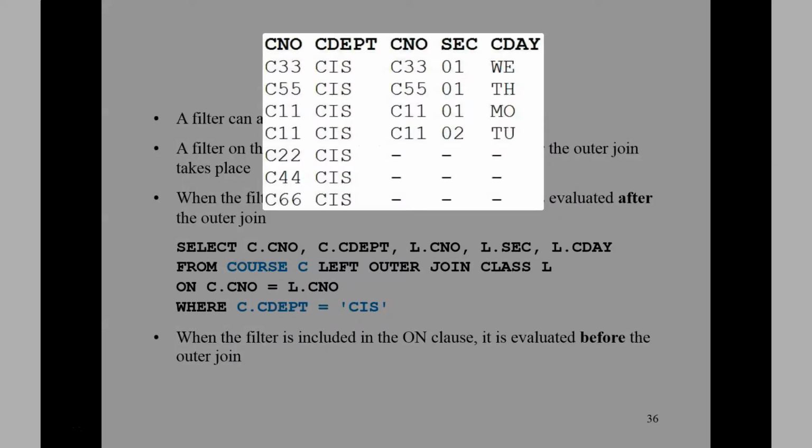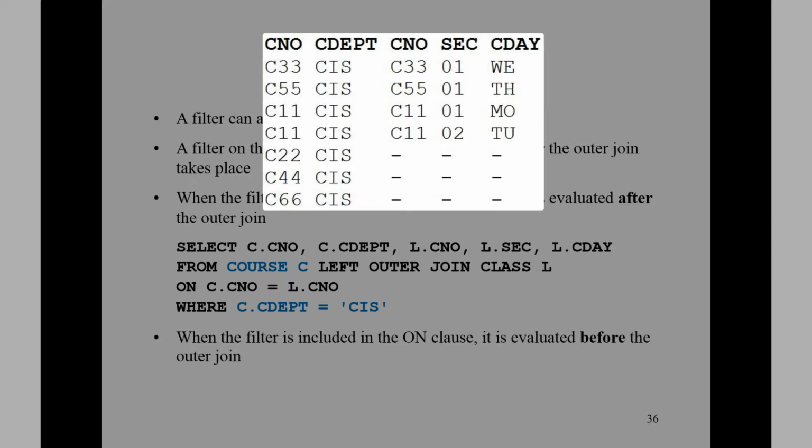So this query will produce 7 rows. That's because the course table has 6 rows for CIS-sponsored courses. In the class table, we have scheduled offerings for courses C11, C33, and C55. In fact, there are 2 sections of C11.